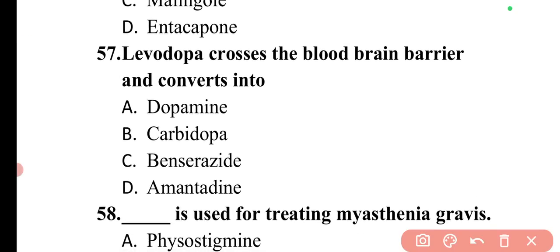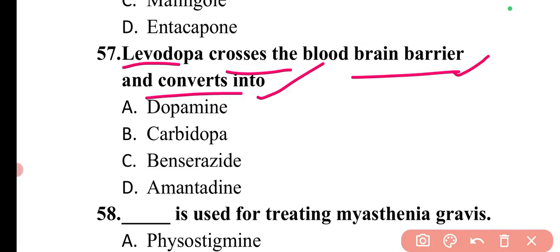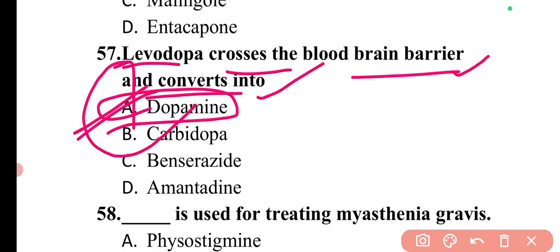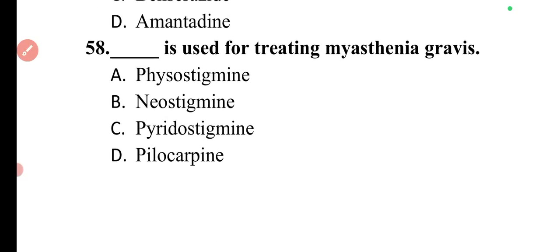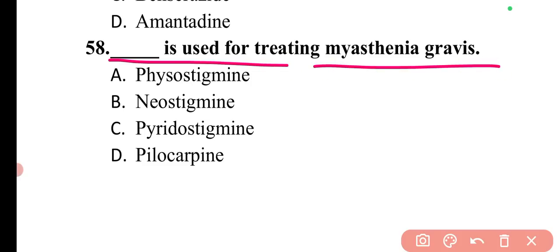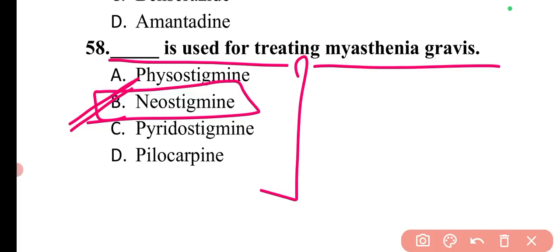Next question is, levodopa crosses the blood-brain barrier and converts into. So it converts into dopamine as it is a prodrug. The main drug is dopamine. So here option A is only correct. Next question is, dash is used for treating myasthenia gravis. So in order to treat myasthenia gravis, neostigmine is used. So here option B will be the correct answer.